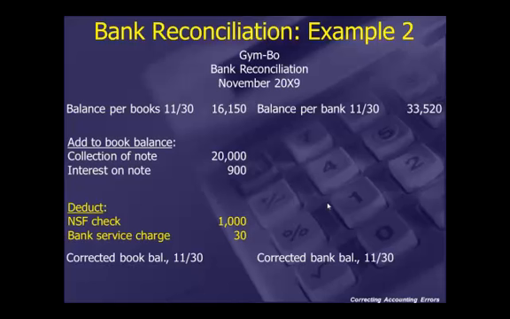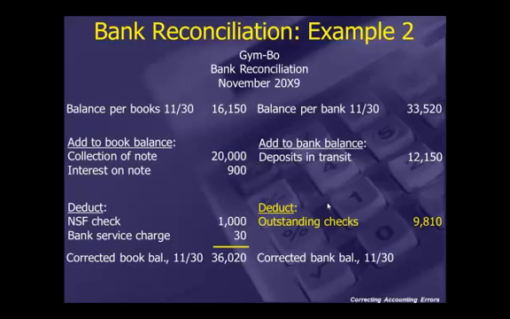We're going to deduct the NSF check of $1,000 and the bank service charge of $30. On the bank side, we'll add the deposits in transit and subtract the outstanding checks. And where there's a bank error of $160, that needs to be added, and then we have $36,020 that is our corrected book and bank balance, so we have a match.